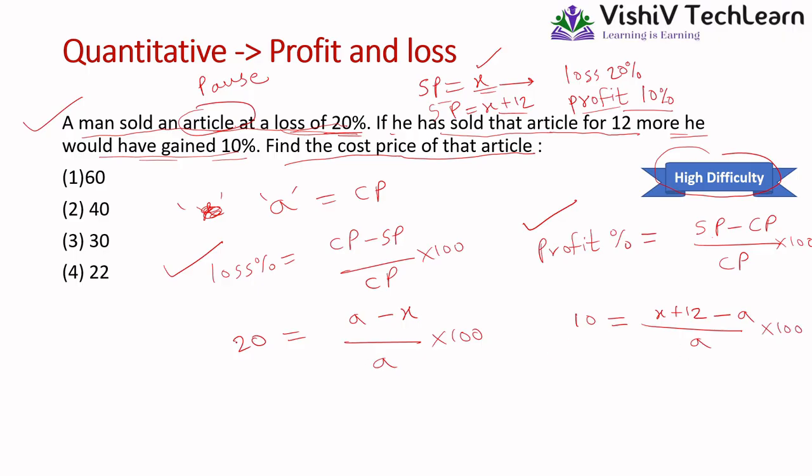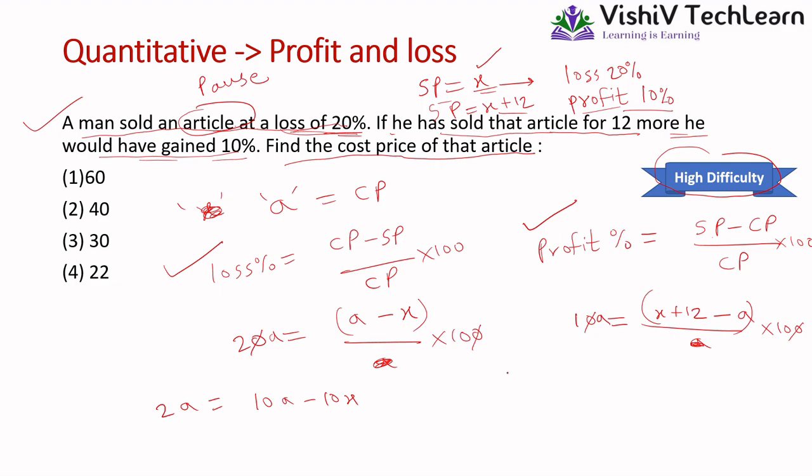Now let's simplify it. This A can be on this side, 20A will be erased from here, and this will be 10A. 100, 0 we can cancel here, this 0 we can cancel, and let's simplify what is remaining. This bracket will be here and this is also under the bracket. So here 2A is equal to 10A minus 10X, correct?